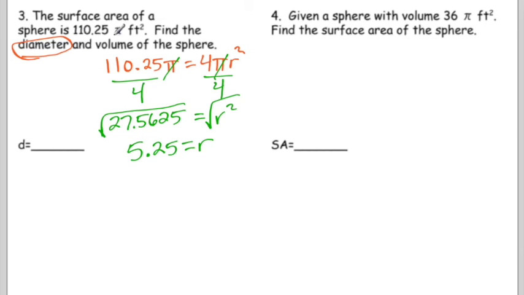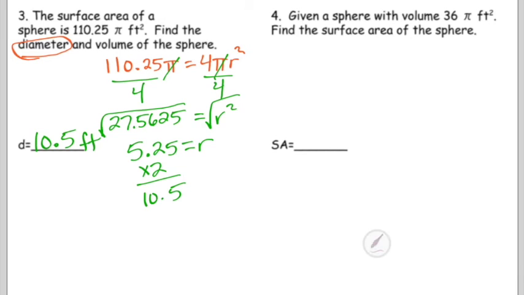And they had given me 2 decimal places, so having 2 decimal places is acceptable right now. And then they wanted the diameter. So we've got to multiply it by 2 to get the diameter. So that gives us 10.5, so 10.5. And the unit was feet squared, but that was area, so this is going to be feet for the diameter.